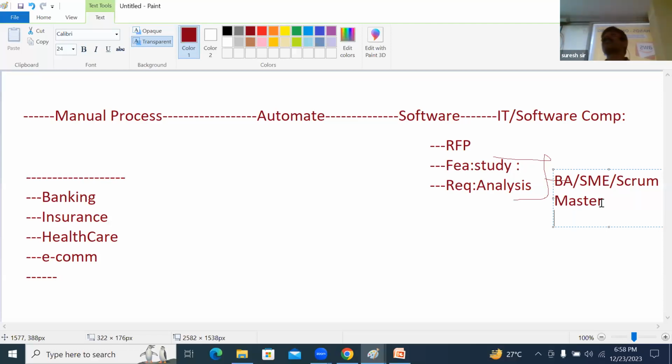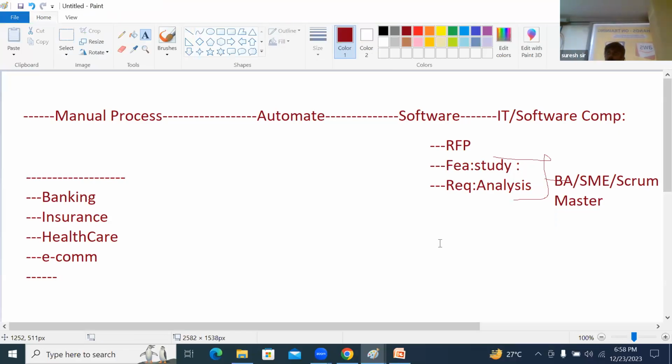For them it is easier and more comfortable to analyze the requirement, which is most important. If they decide yes, we can automate, then at any cost it needs to be automated. It's not that first we say we can do it and afterwards it's not possible. Because of that, all these activities are taken care of by the higher level only.